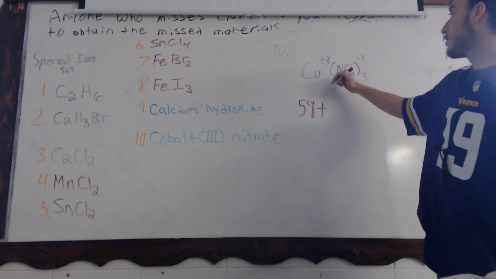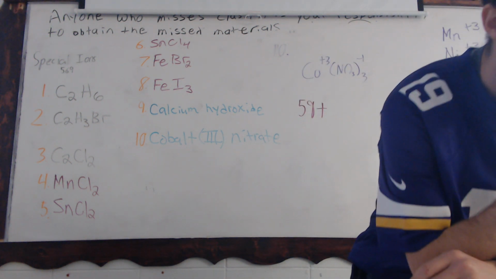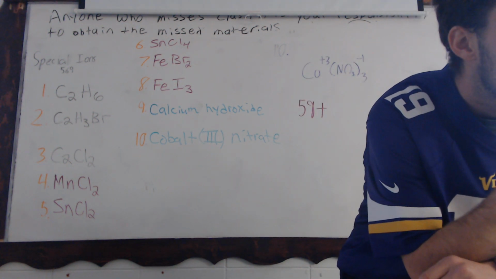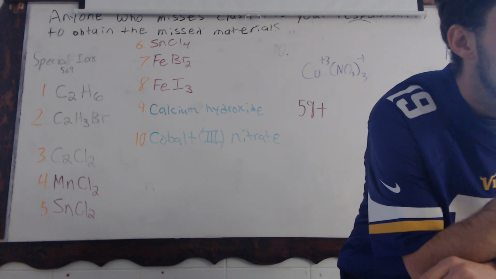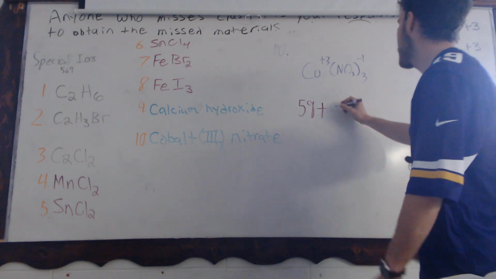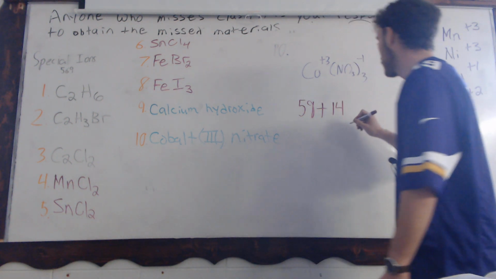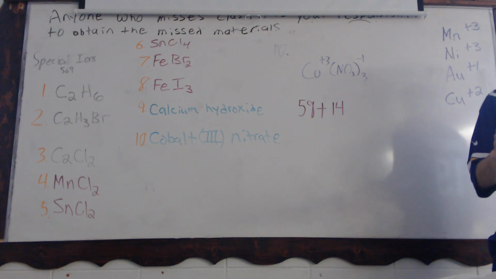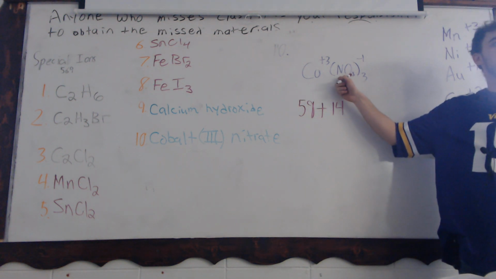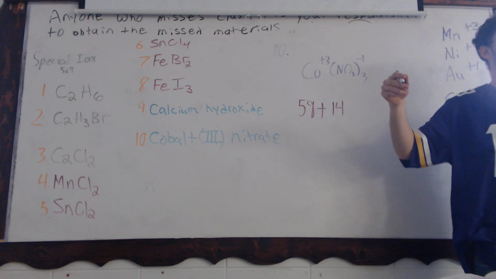Okay, let's go with nitrogen. What's the atomic mass of nitrogen? I said I'd make it easy, so we'll put it at 14. Would you rather add all the nitrogens right now or wait until the next one?